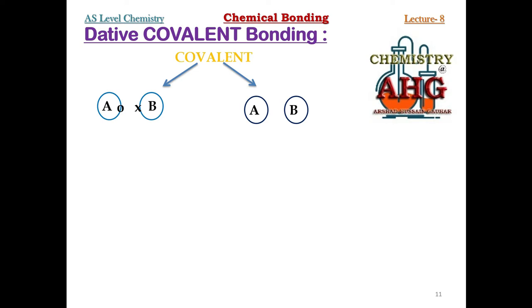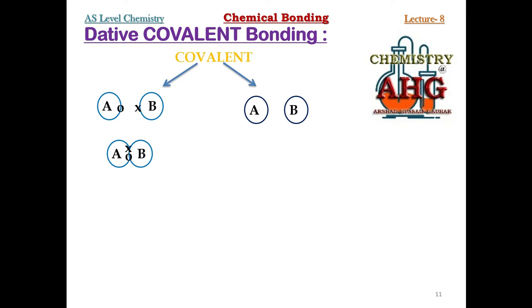So when covalent bond is formed, you can see two atoms overlap each other's shells, and there is an electron pair, but one electron is shown by dot, the other by the cross. That clearly indicates that both these electrons are provided by two different atoms. So this is a simple indication of a covalent bond. In a covalent bond, each atom provides one electron.